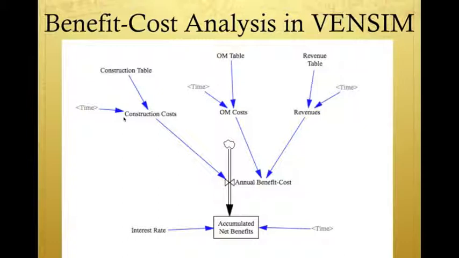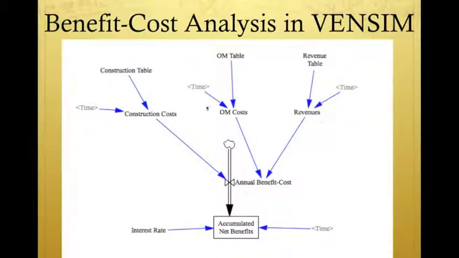You're going to build something, and then there is the cost to operate and maintain the system. This could be a road, a dam, or a treatment plant for water. Any sort of infrastructure is going to have construction costs as well as operating and maintenance costs.